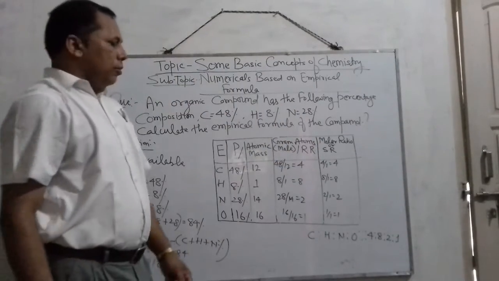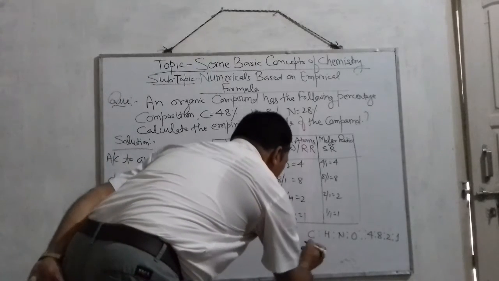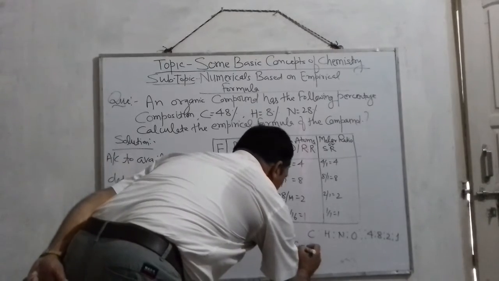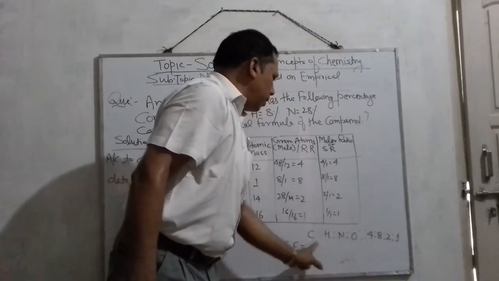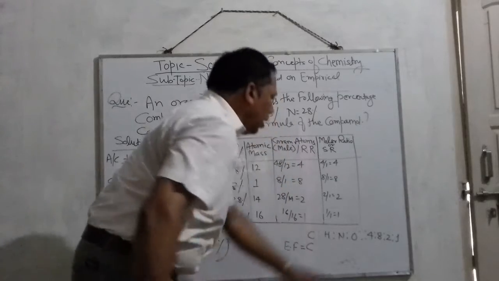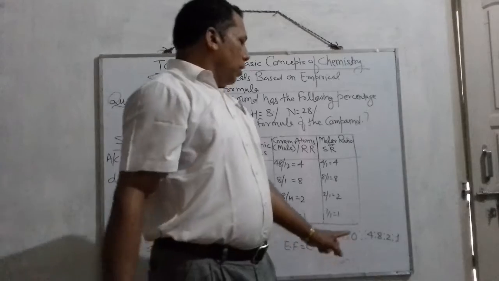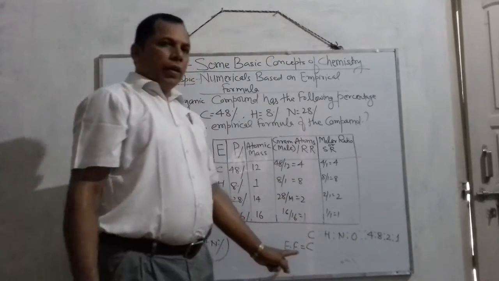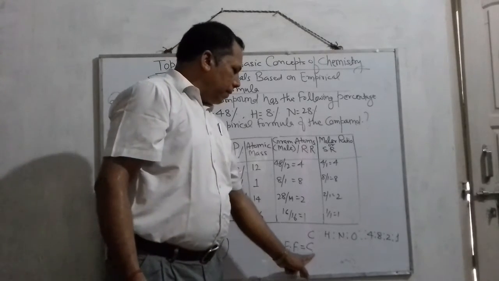So now the empirical formula of the compound will be: carbon, the ratio is 4, so write element C, and the numbers which come in the simple ratio should be written at the right hand lower corner of that element.